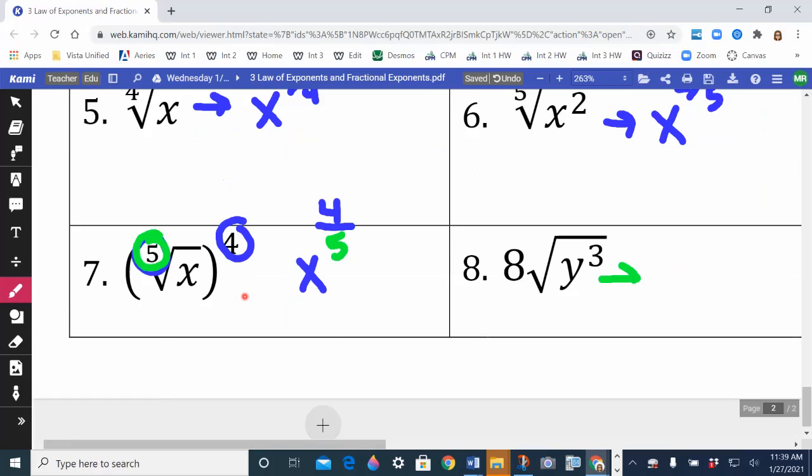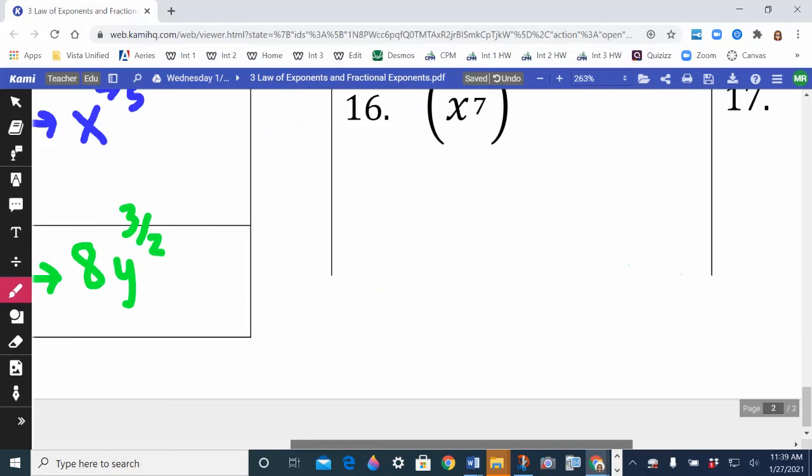Over here, that 8 has nothing to do with anything else. Now the y is going to be y to the 3/2. So the y is being cubed, so that's why I have the power 3, the 3 in the numerator, and then the square root is an index of 2, so it's 3/2.